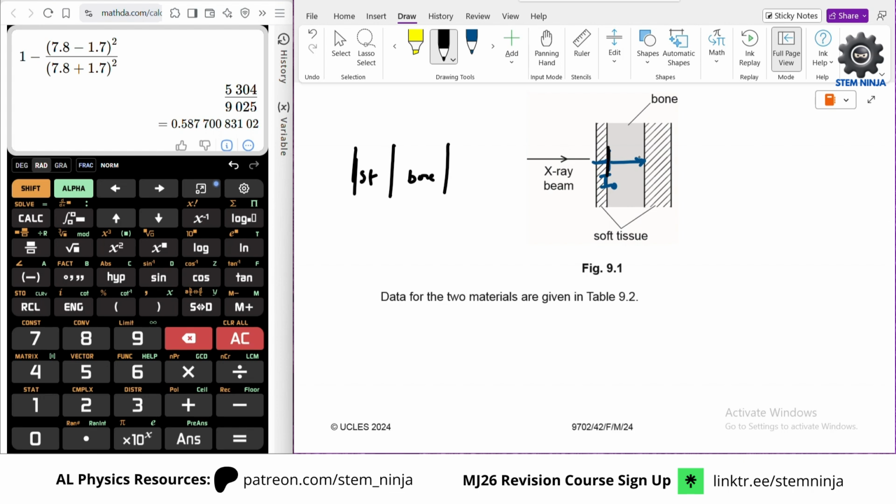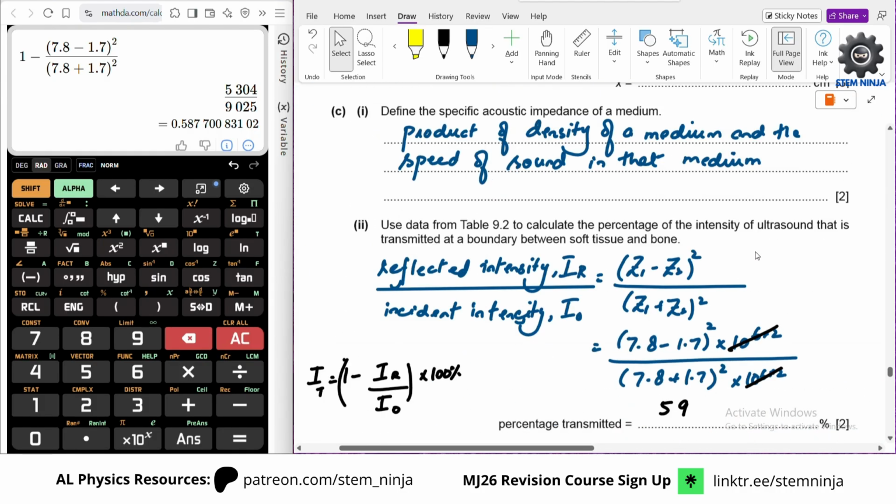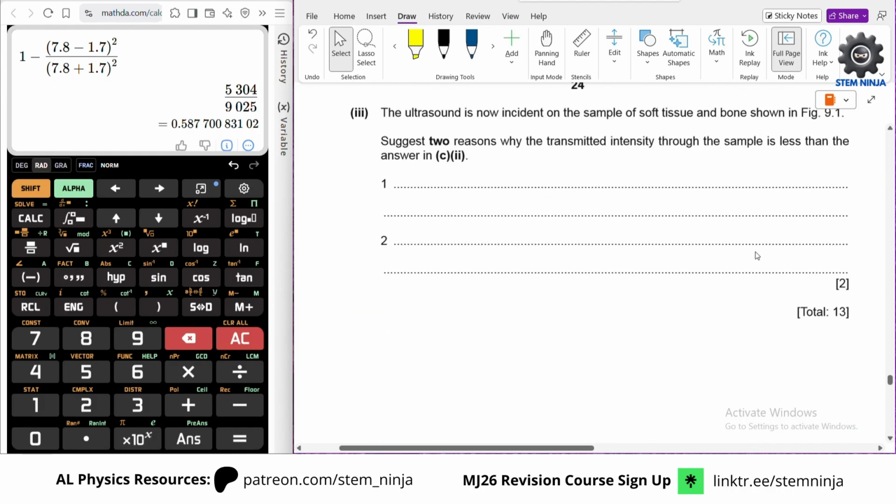There are reflections happening. The reflection is happening twice, not just one time. More than one boundary, so reflections are happening more. And some ultrasound will be lost through attenuation also.